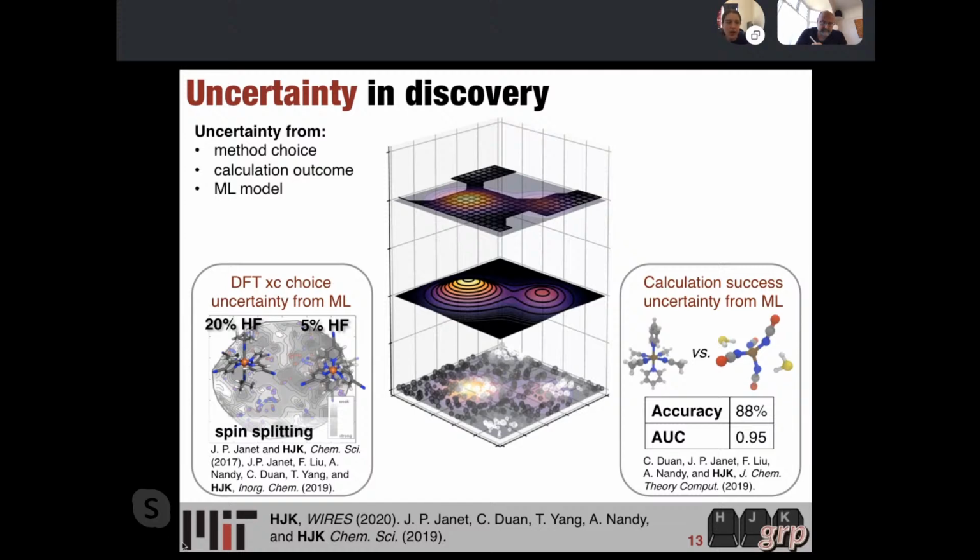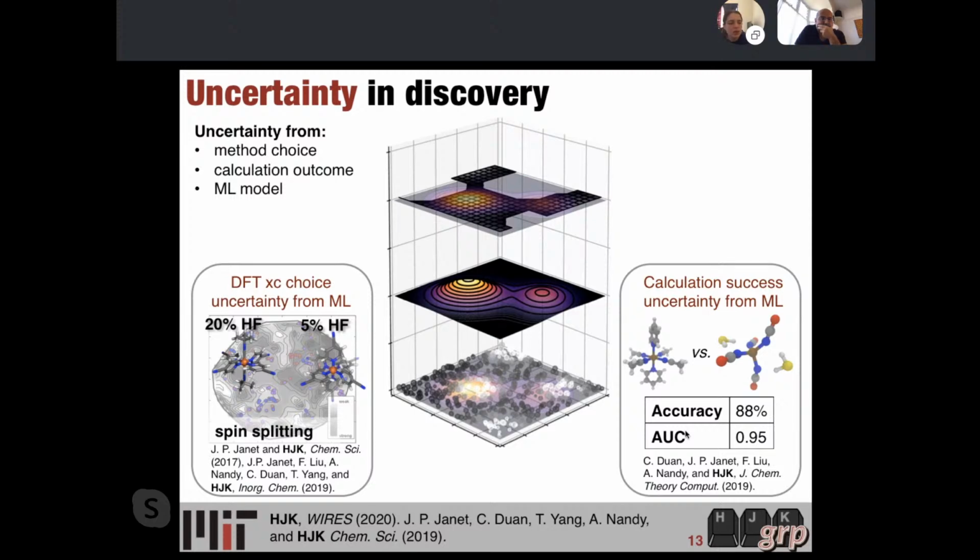Those models transfer reasonably well, but they can't transfer to a totally new space. If you pick a totally new molecule, they need to know the relationship between composition and failure. We were able to achieve about 90% accuracy on those models because we wanted to make the prediction just based on composition with no calculation at all.